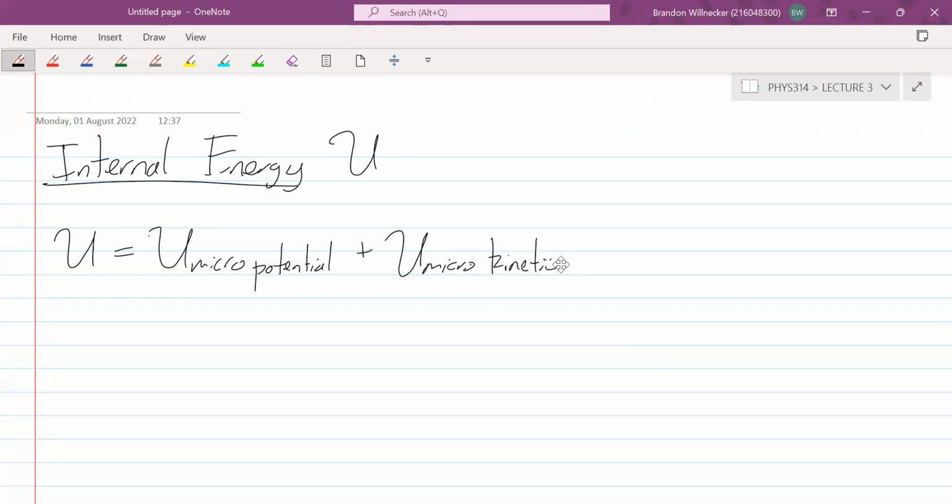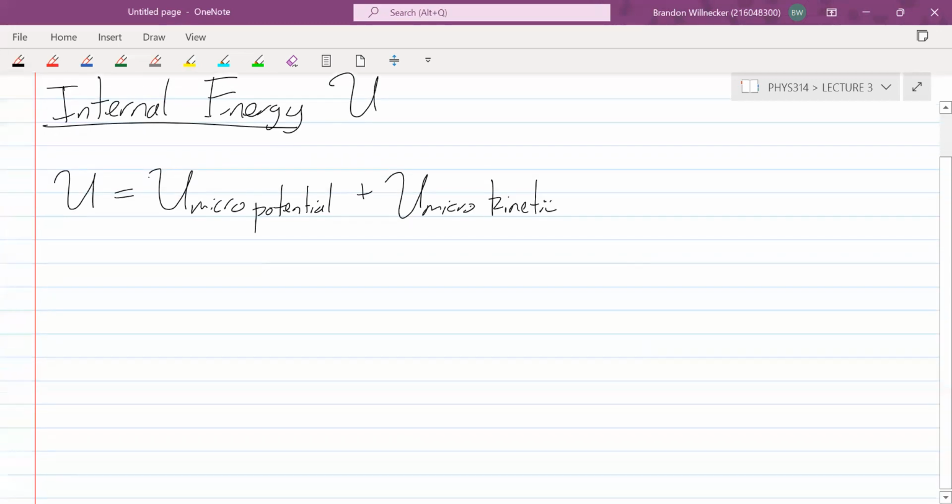Okay, so why do I say micropotential and microkinetic? Well, that's because we measure this potential energy given a particular microstate. So let's have a look at an example.